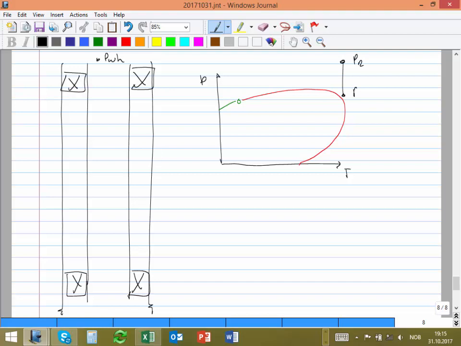I go down, this is PWF, and then I go in this direction all the way to PWH. And let's assume that you have condensation all the time. Basically, you have no retrograde behavior. So initially, you will have pure gas. Okay. Then you will have gas with some small droplets of liquid.